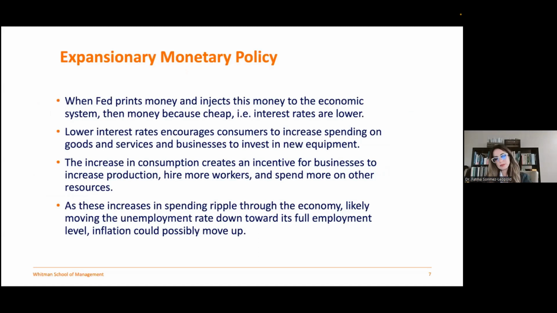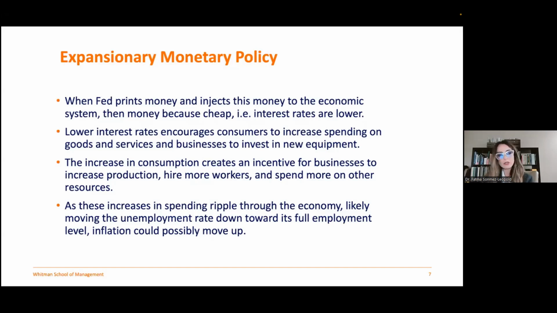Now, there are two basic monetary policies. One is an expansionary monetary policy. As you might understand from the name, the Federal Reserve Bank is going to print some money. I don't want to go too in depth. I'm not even talking about physical money. Sometimes we're talking about digital money. I'm not talking about Bitcoin or something.